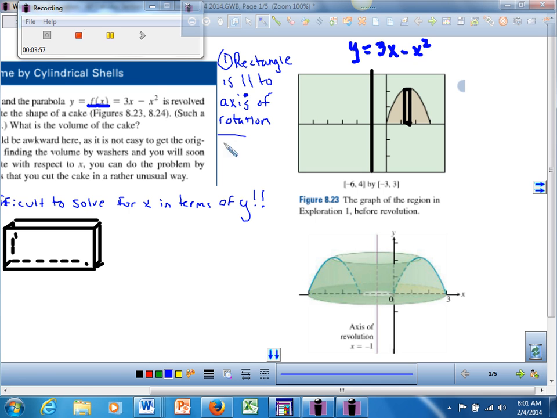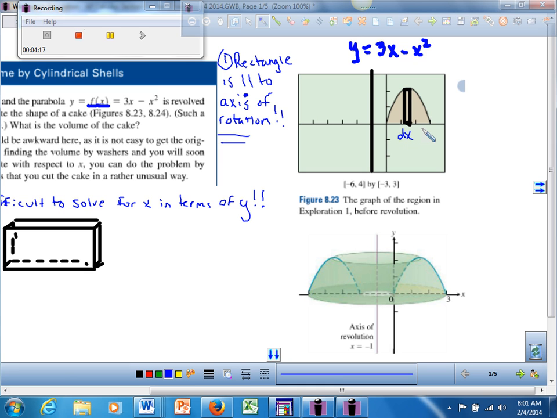So that's a big difference from what we've been doing. Okay, so that's the first thing we have to know. All right, well, let's think about what we get. If I take my vertical rectangle and I rotate just that one rectangle, am I going to have dx or dy? Dx.